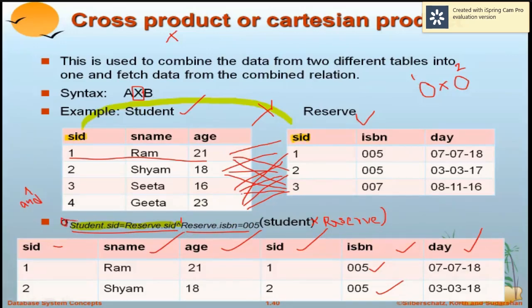Sigma is going to pull out all the tuples out of the output from the student and reserve cross product. So from this output you will be getting out the desired tuples out. Desired tuples out. So this is all about cross product.